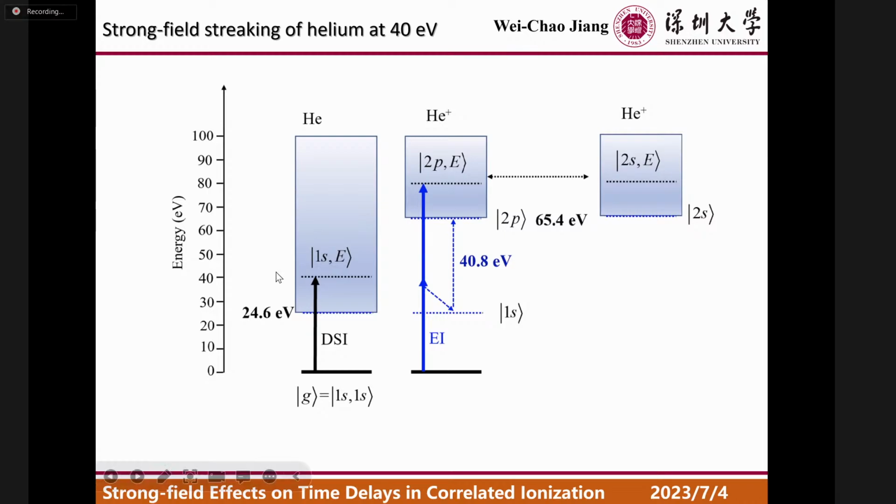So this is the two-photon excitation ionization channel. When the intensity of the XUV pulse is very low, obviously we only have the DSI channel.